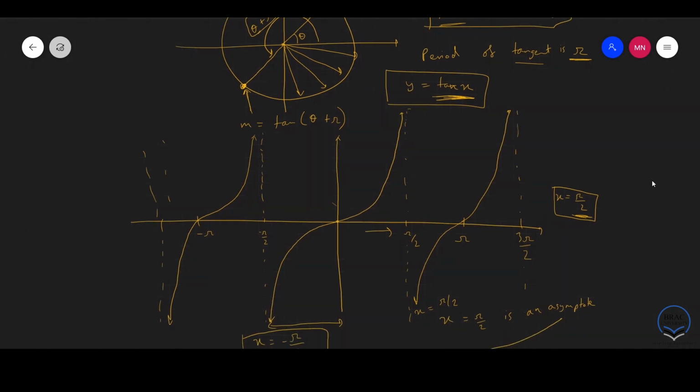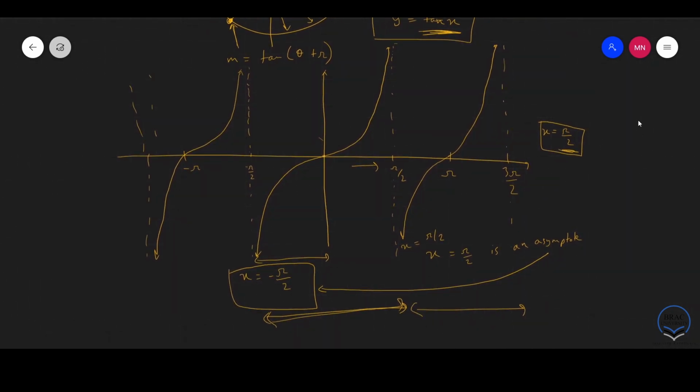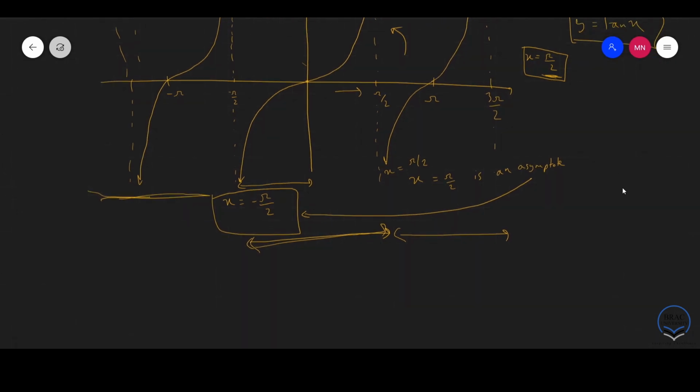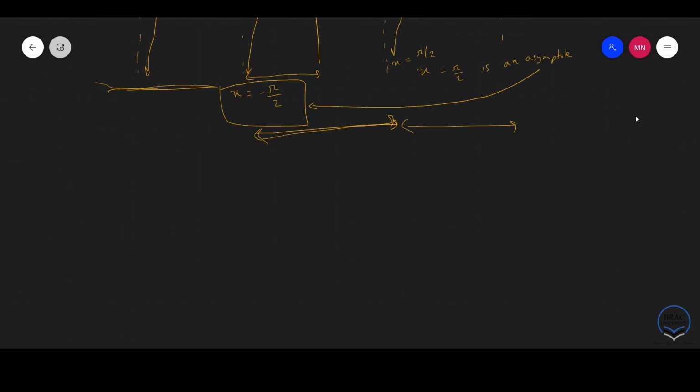Right, so from our graph of this function, this is the graph of the tangent of x. We can see that if I rotate this graph about the origin by 180 degrees, I will still get this graph back. I will get the exact same graph, which corresponds to the function, the tangent of x. So that means that the tangent of minus x should be equal to the sine of minus x divided by the cosine of minus x.